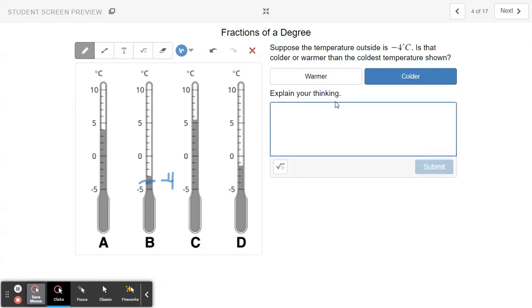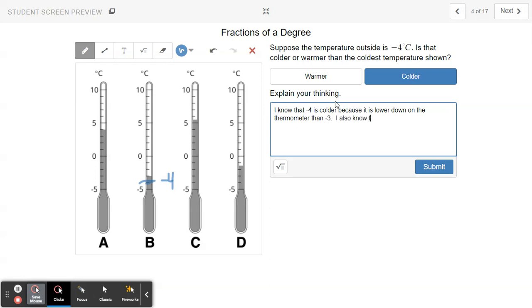And so again, I can explain my thinking based on what I just talked about. I know that -4 is colder because it is lower down on the thermometer than -3, right?